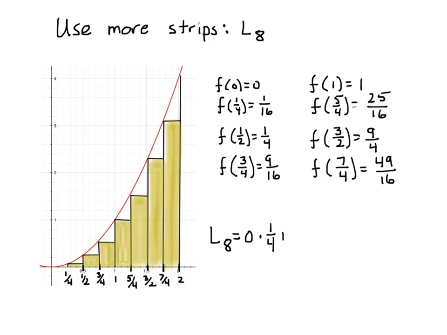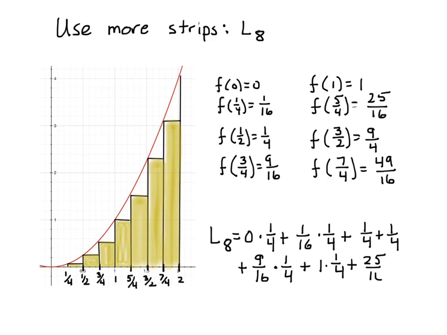And if I calculate my sum then, I multiply the height of the rectangle times the width. So 0 is the height of the first one, and we're at 1/4. I think I left one out.